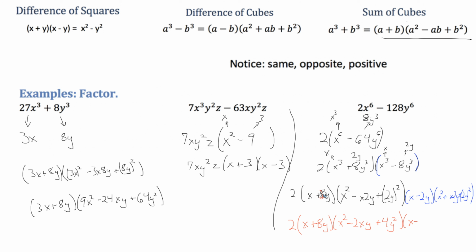That should be a 2 coming from this. So this should be a 2. Hopefully you can see that. So this is x minus 2y, and then x squared plus 2xy plus 4y squared. And that's that one factored. So that one factors into several factors. 1, 2, 3, 4, 5 different factors.